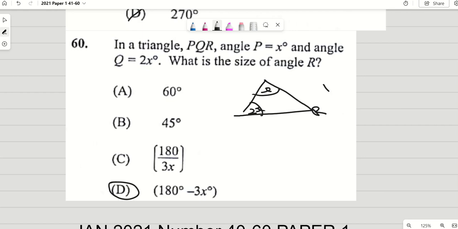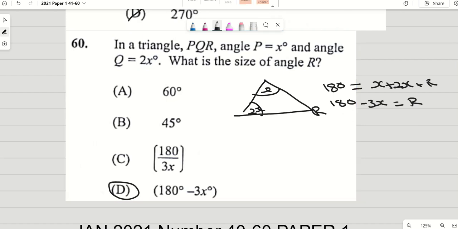A triangle is 180 degrees. So 180 degrees is equal to X plus 2X plus R. If we had to make R the subject, that would have been 180. X plus 2X is 3X. If we carry across plus 3X over the equal sign, it'll turn to minus 3X is equal to R. So R is equal to 180 minus 3X.